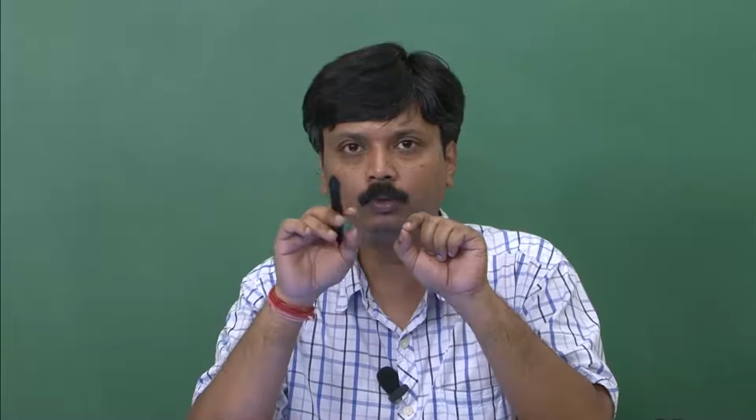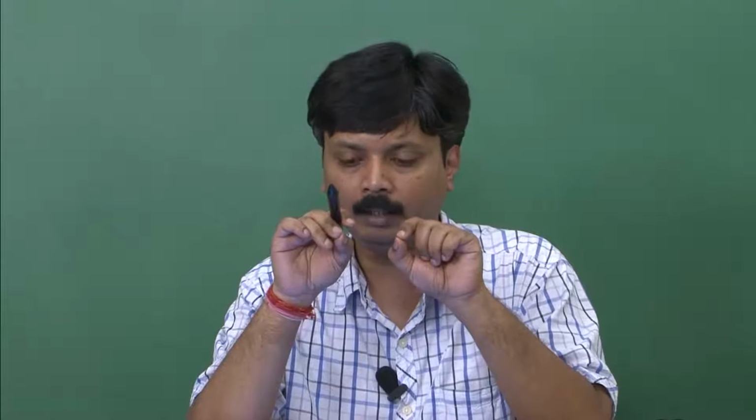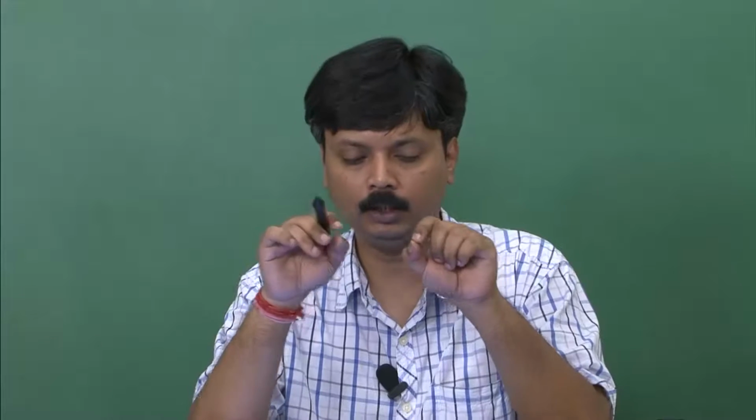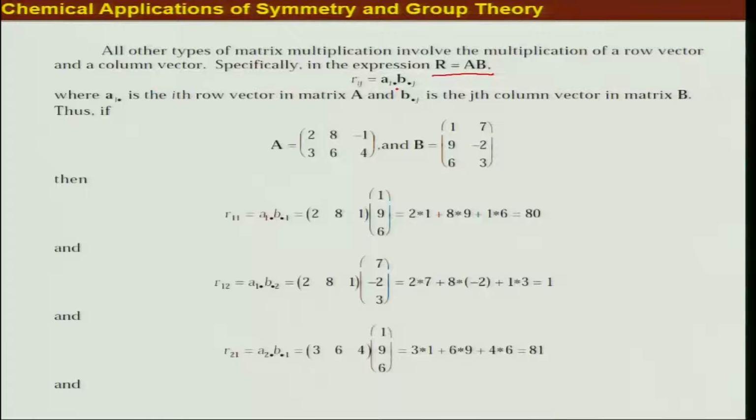So these two dots are the same, meaning that their numbers are the same, and only then can you do the multiplication. Following that, you have an example here where you have taken this A and B, and A is a matrix which has 2 rows and 3 columns, while B is a matrix having 3 rows and 2 columns. So you can do a multiplication like this.